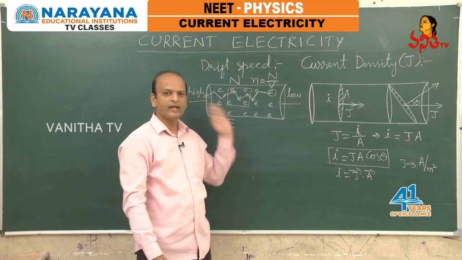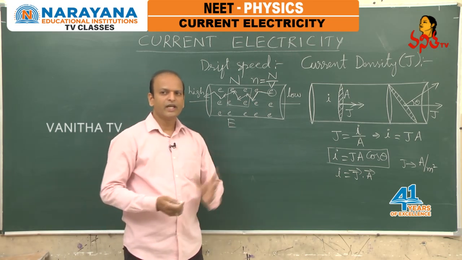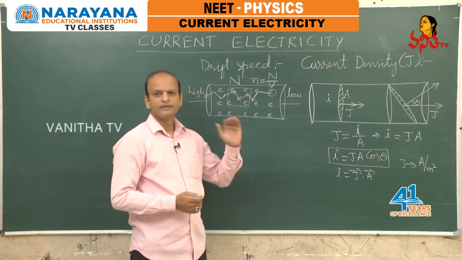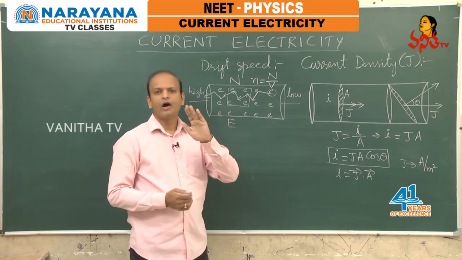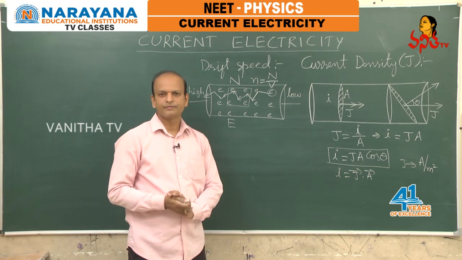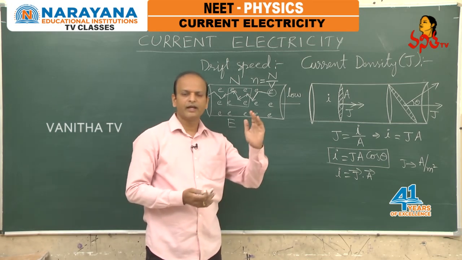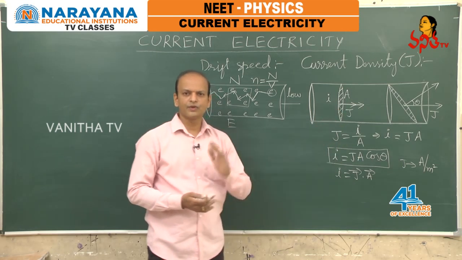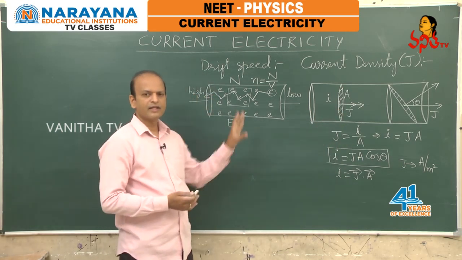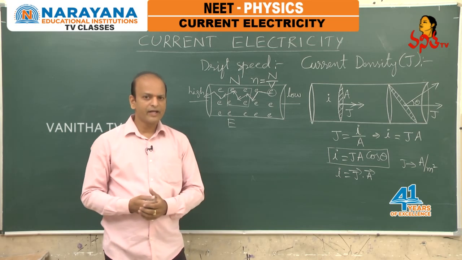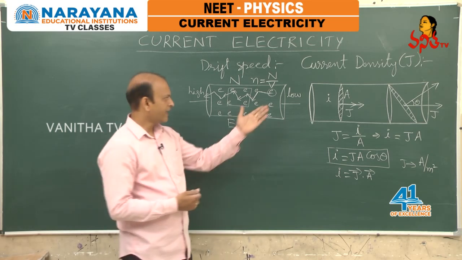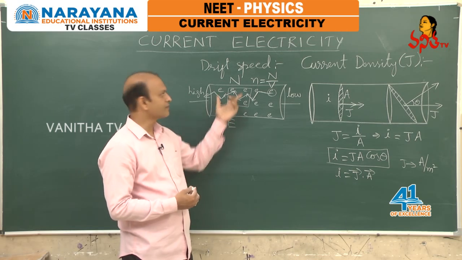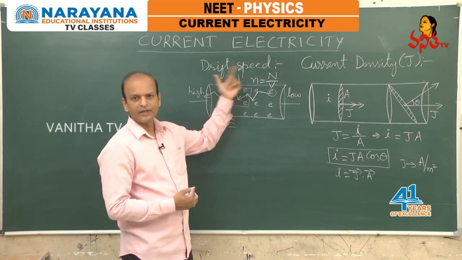It is slightly accelerating, again decreasing its velocity, again accelerating, again decreasing the velocity. So on average we can say that it is moving with an average speed. That average speed of the electrons inside this conductor we call drift speed.